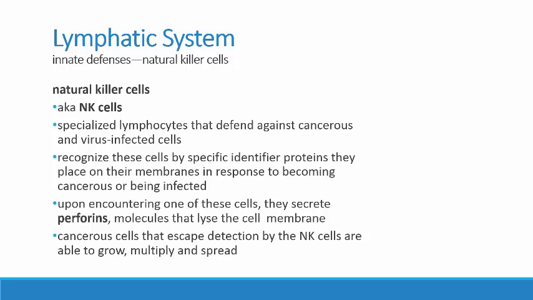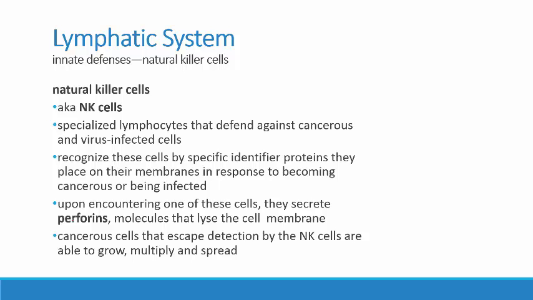So most cancers are recognized by NK cells and taken care of. It's a good bet that all of us have had cells that have become cancerous, but our NK cells have taken care of it for us if we have never expressed any cancerous tumors in the body.